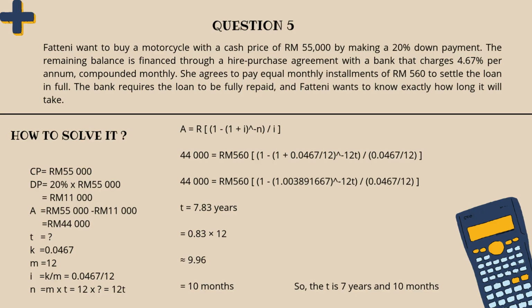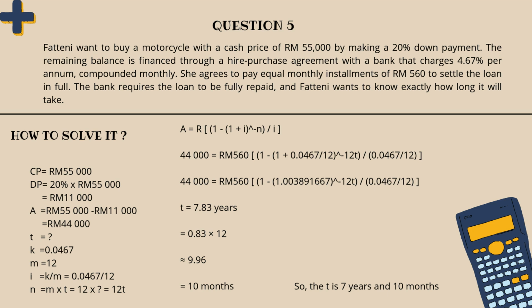Now, let's move on to the last question. So, Fatani wants to buy a motorcycle with a cash price of 55,000 ringgit Malaysia by making a 20% down payment. The remaining balance is financed through a hire purchase agreement with a bank that charges 4.67% per annum, compounded monthly.